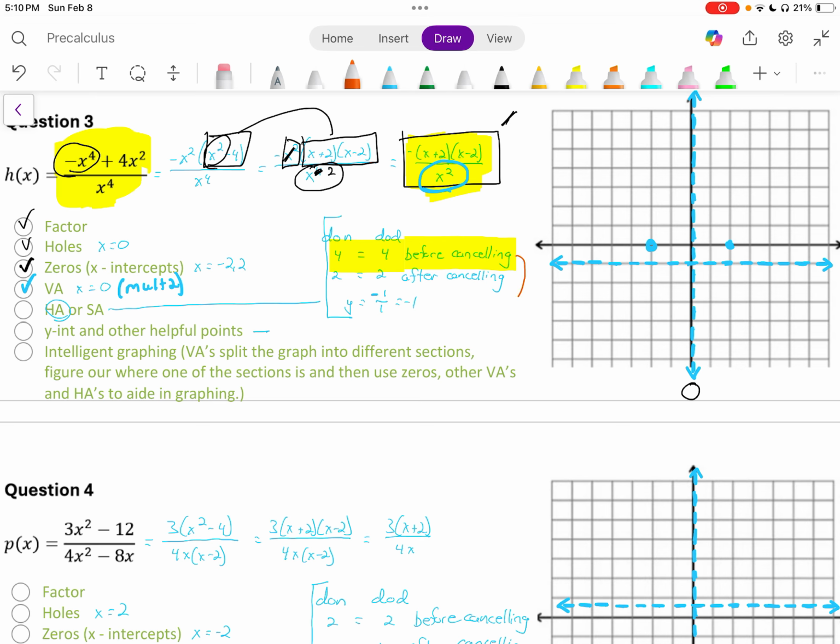They're equal, and so we want to look at the leading coefficient of the numerator, which was negative 1, over the leading coefficient of the denominator, which is positive 1. So we have a horizontal asymptote at negative 1, and that is drawn in right here. No y-intercepts, because if we put in 0, the denominator would be 0. So no y-intercept.